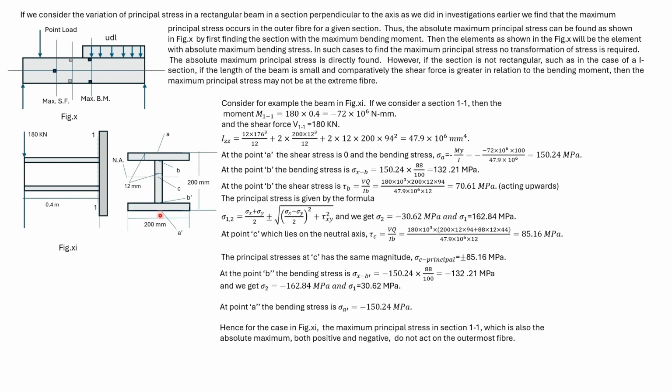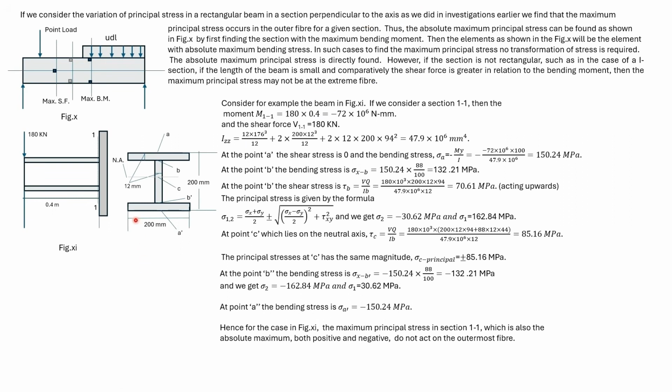At A dash, the bending stress has the same magnitude as the bending stress at A, but is of opposite sign. So here we see that the maximum positive principal stress acts at B rather than A, and the maximum negative principal stress acts at B dash rather than A dash.